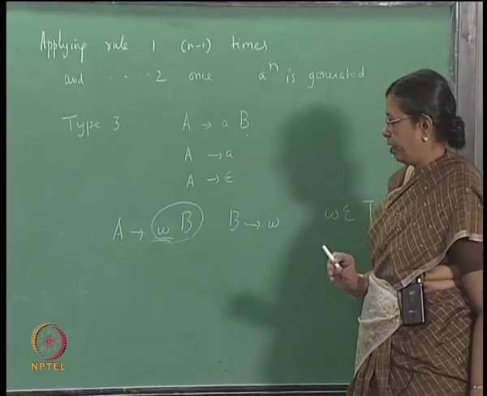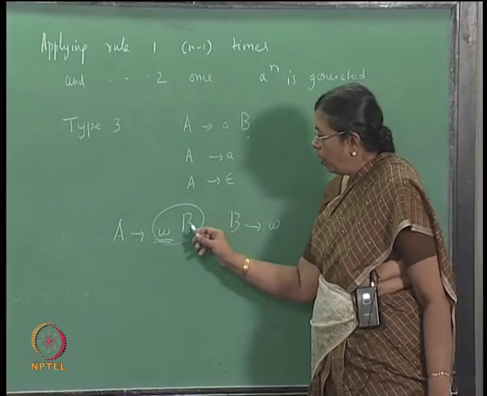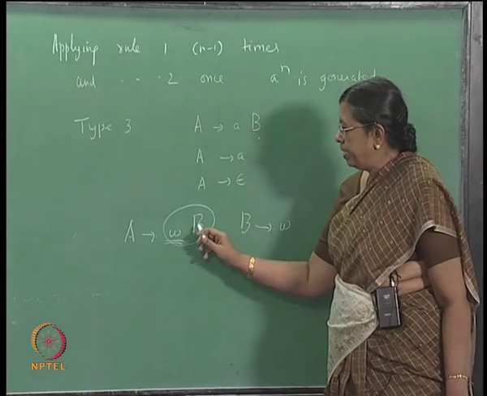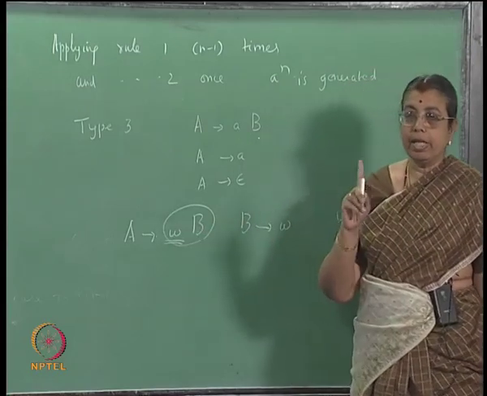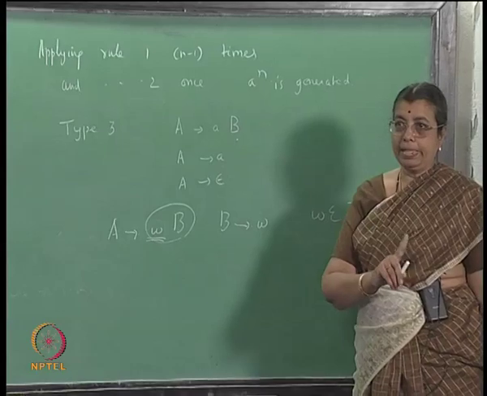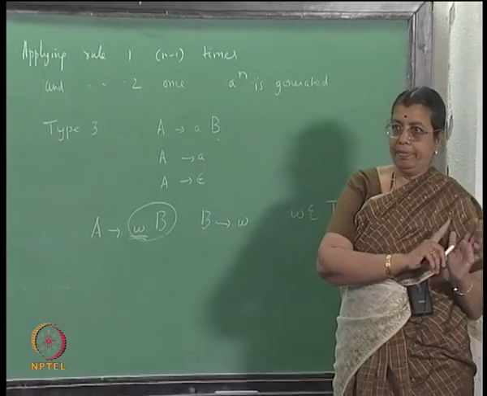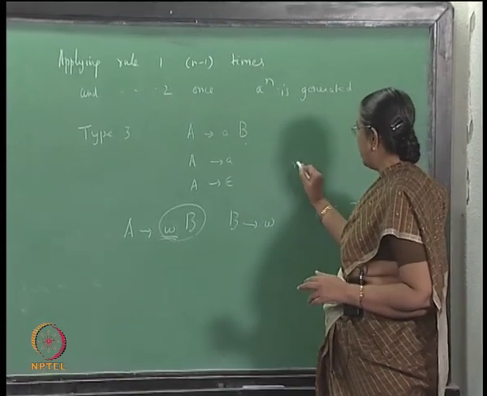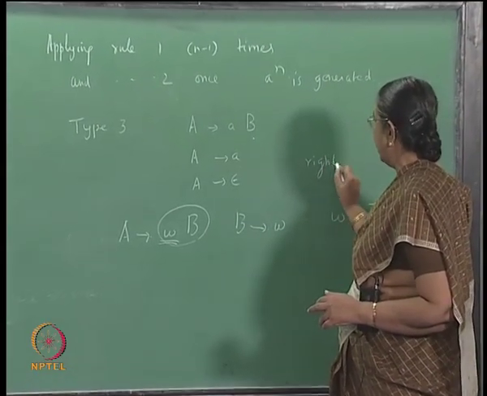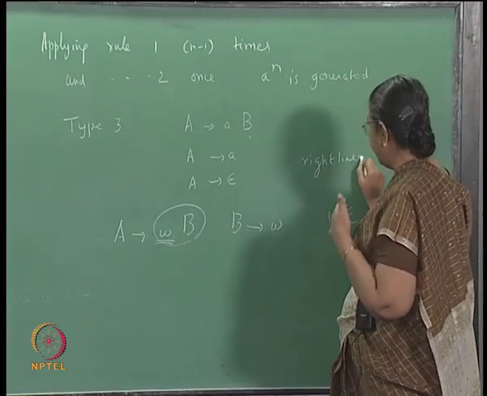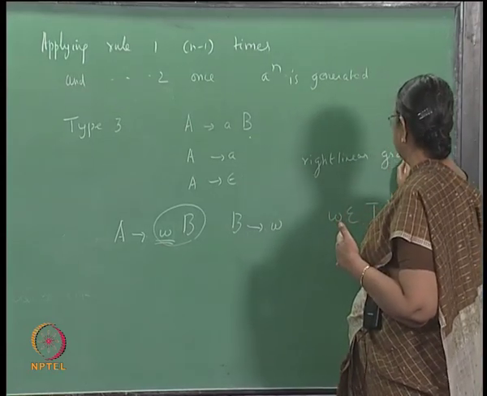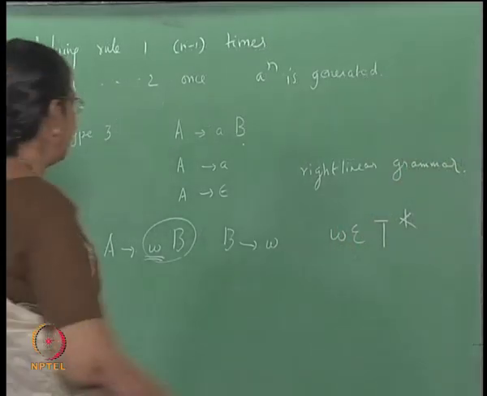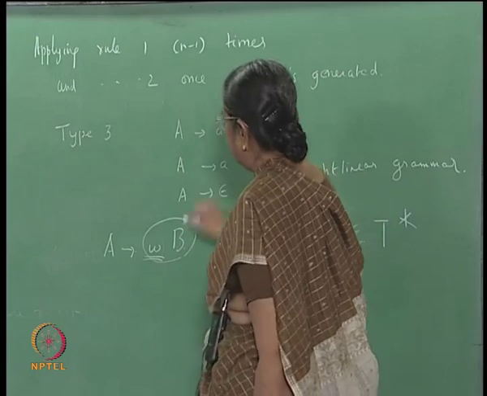It can be the empty string also. Now, the point to be noted is that this capital B, which is a non-terminal, occurs only once; there is only one non-terminal on the right hand side, and that is the last symbol. This definition is also considered as right linear grammar. Even though you write like this, these two definitions are equivalent.